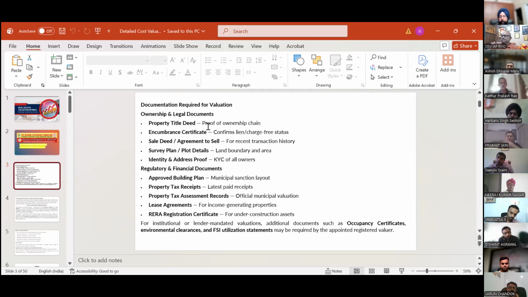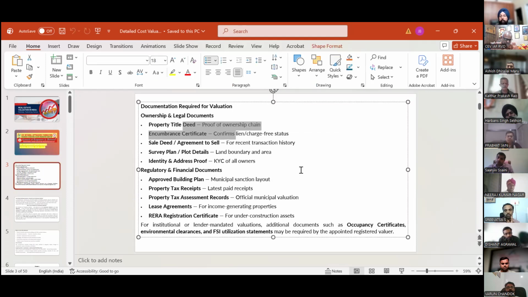First is the property title deed, for proof of ownership, and if chain documents are also available, you should go through them. Then the encumbrance certificate, to check whether the property has a lien over it or is free of encumbrance. Then the sale deed or agreement to sell.